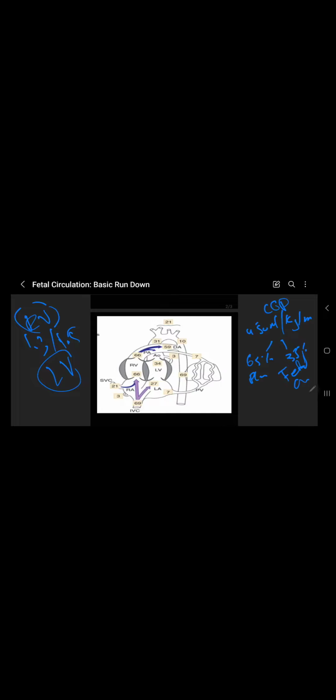So, once the transition occurs, you'll see that the placenta is removed from the circulation. You'll see that the pulmonary vasculature bed opens up, and there's decreased afterload. So the right ventricle will have a decreased afterload, and there will be an increased preload on the left ventricle. I hope that makes sense. Right? So once the pulmonary vasculature opens, that means the right ventricle is no longer pushing against that high pulmonary vascular resistance.